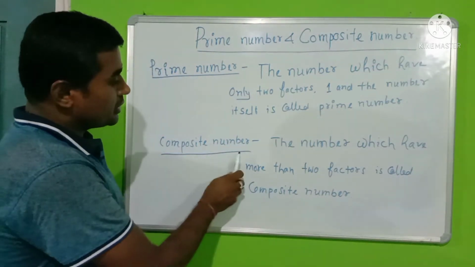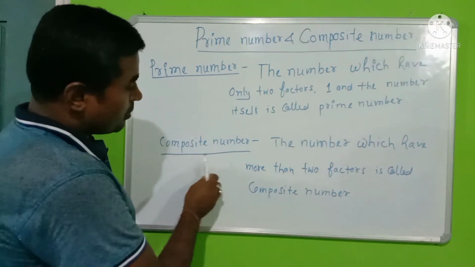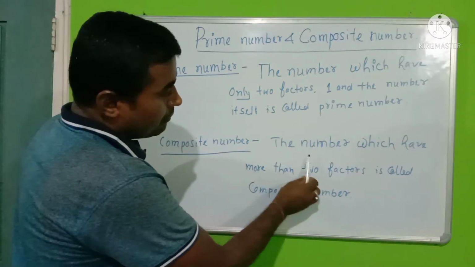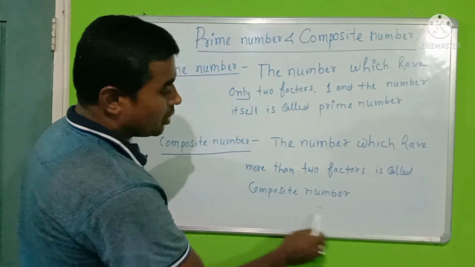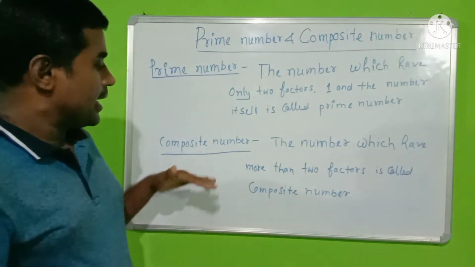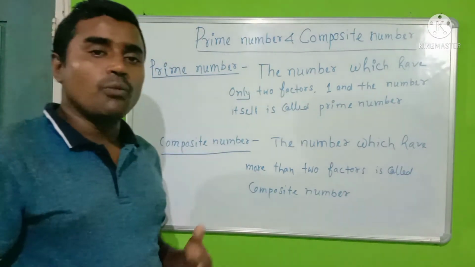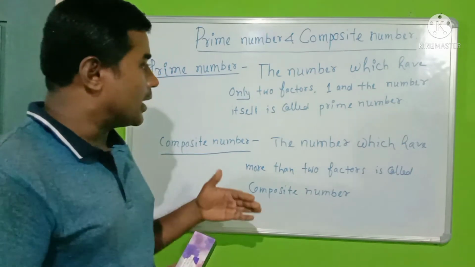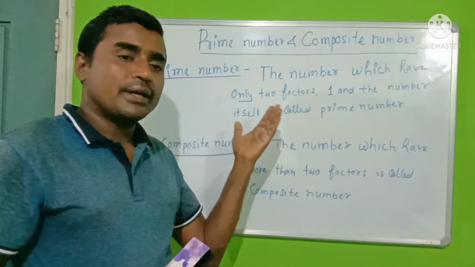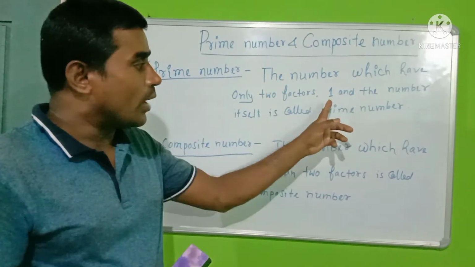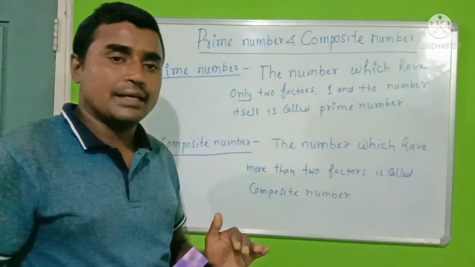Again, the definition of composite number: the number which has more than two factors is called a composite number. That means a composite number has more than two factors, while a prime number has only two factors. The two factors of a prime number are 1 and the number itself.